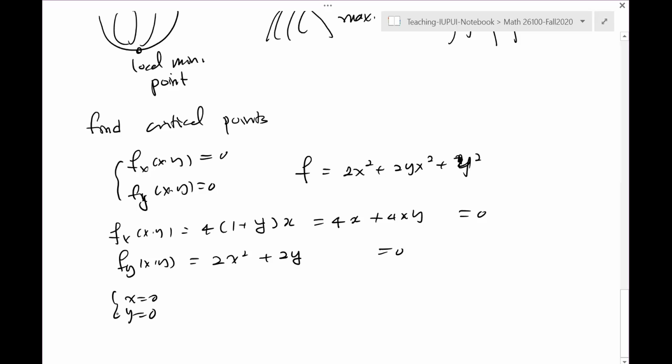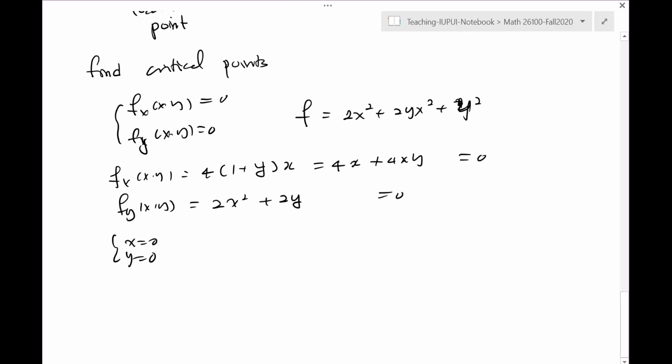If you have a pen, you can try to solve this equation. You have to find all the possible solutions. If x is 0, the second equation tells you y is 0.